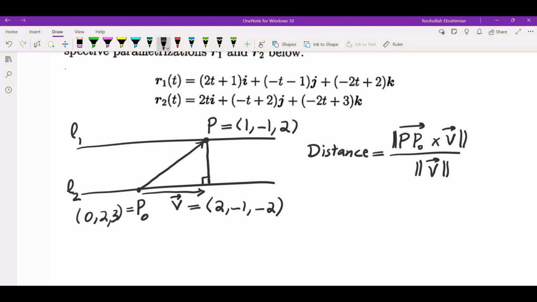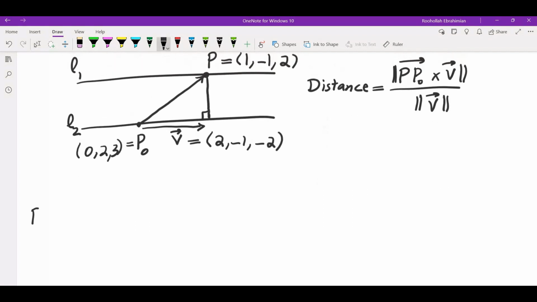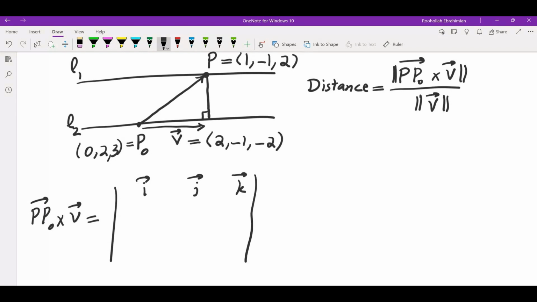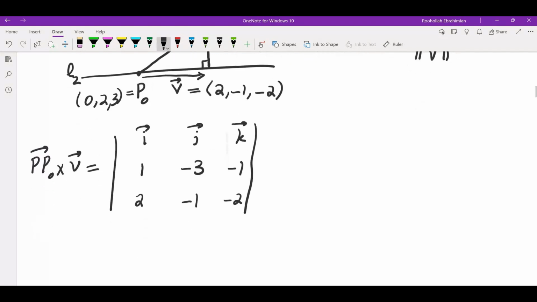And of course, it's the same for both of them because these are parallel lines. So we'll have to find the cross product of P0P and v. So this would be, again, ijk. P minus P0, so that's 1 minus 3, negative 1, 2, and negative 1, negative 2.